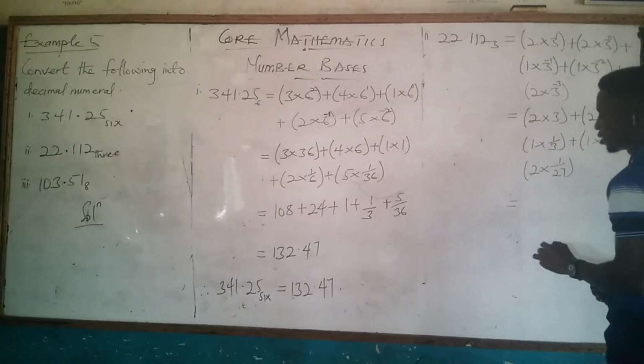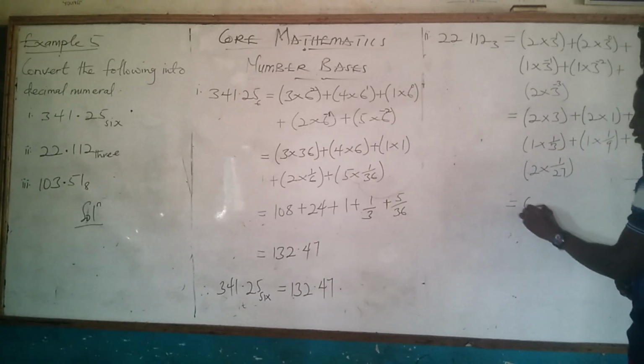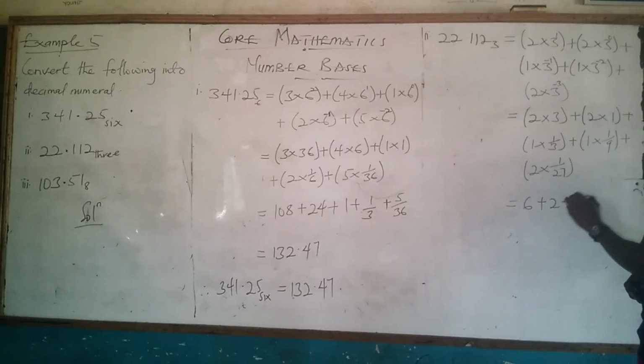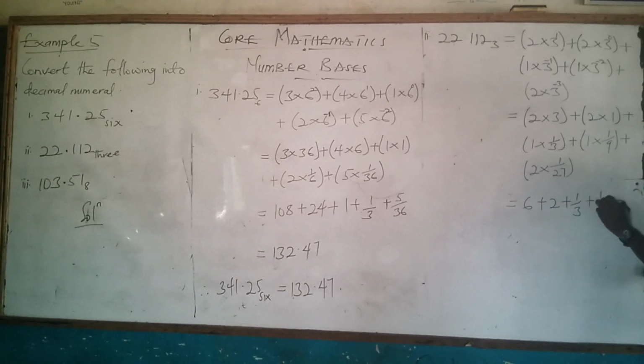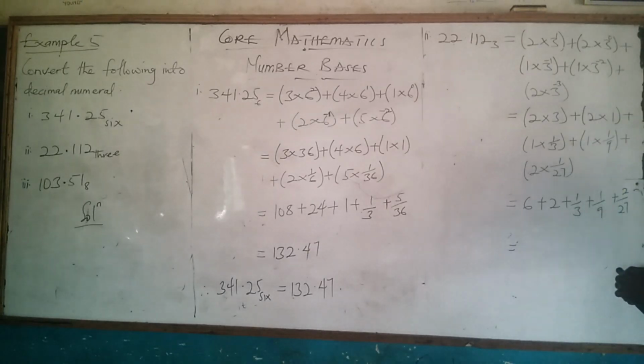So this one is going to get me 6 plus 2 plus 1 on 3 plus 1 on 9 plus 2 on 27. And finally it will get me something.